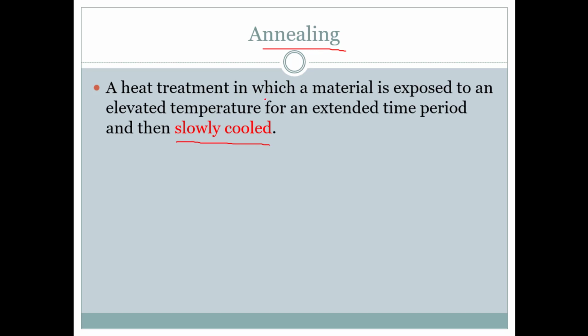It is a heat treatment in which the material is exposed to an elevated temperature, usually austenitic temperature, for an extended time period, and then cooled very slowly. Usually this annealing happens inside the furnace. Once we reach 900 and leave it for a while, we turn off the furnace and leave it to cool very slowly. Usually this process takes about 24 hours.